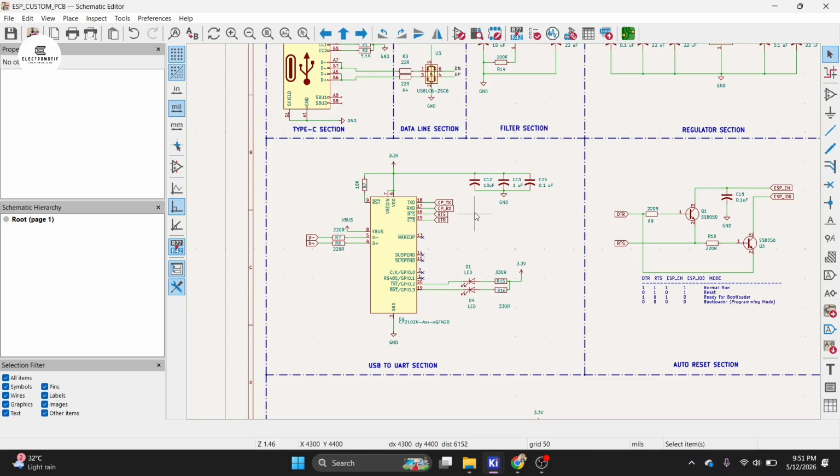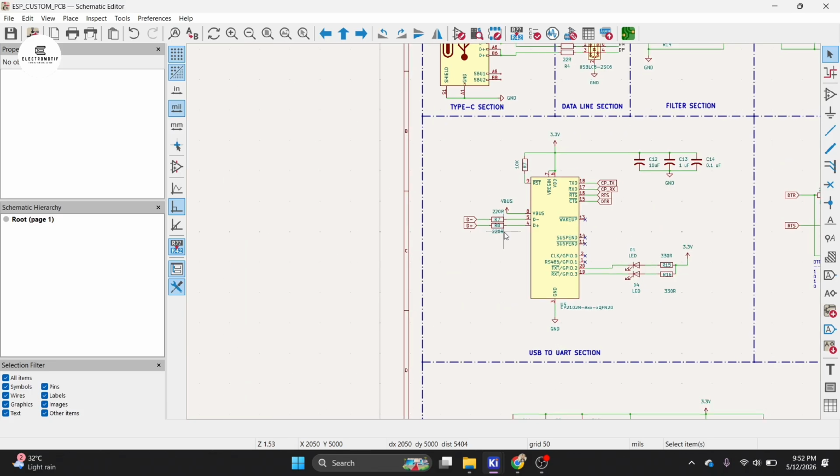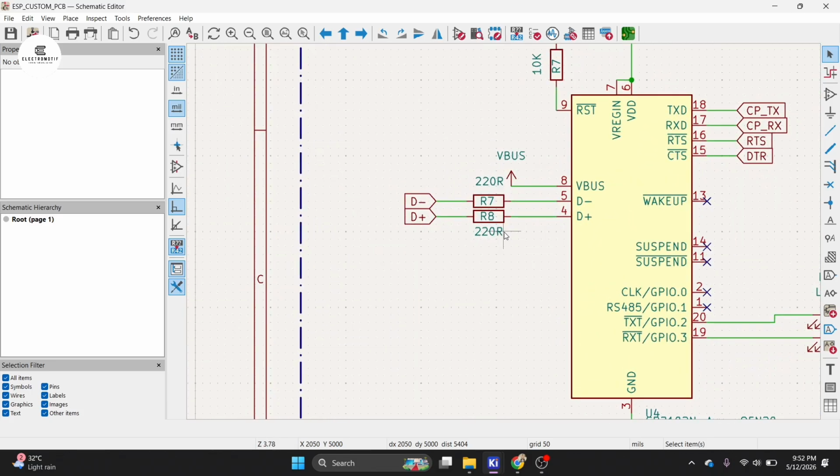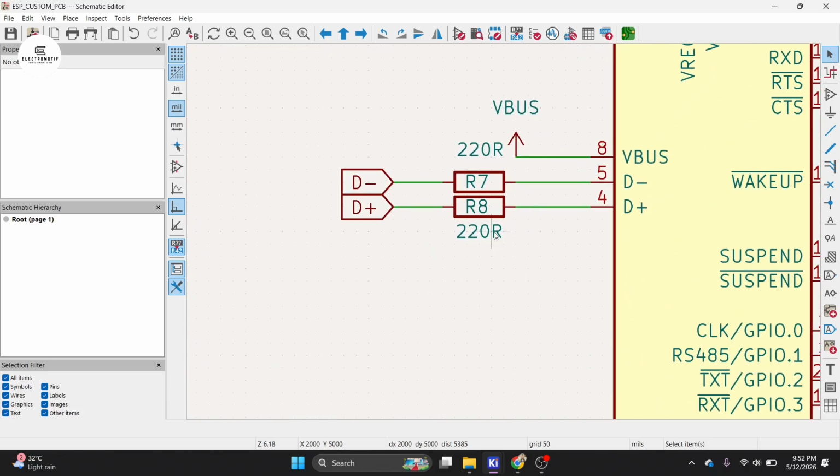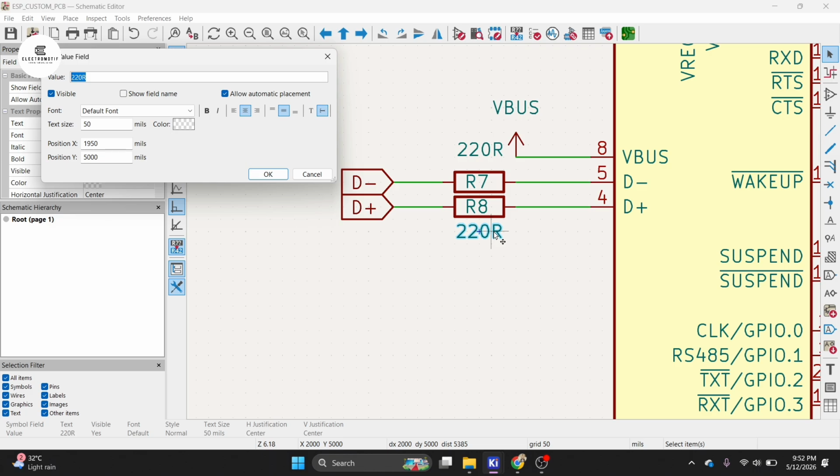Here we have the D plus and D minus data lines, and 22 ohm resistors in series. But if I zoom in, there is 220 ohms, so you need to put the correct value inside your schematic. So I just changed it and put 22 ohm.